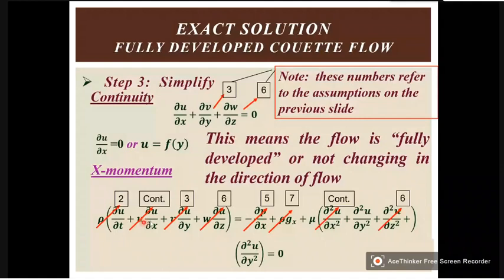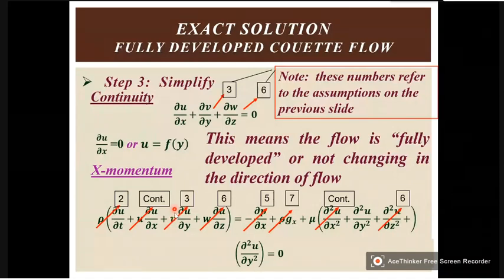Then this dou u by dou x also will vanish. How did we get here? Continuity equation. Then dou v by dou y is equal to 0 from the third assumption, because v is equal to 0.